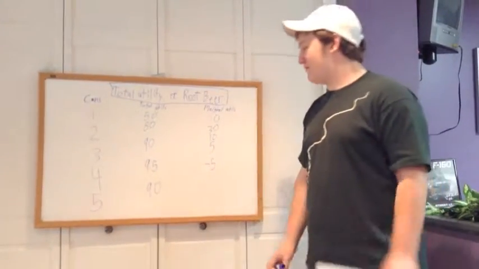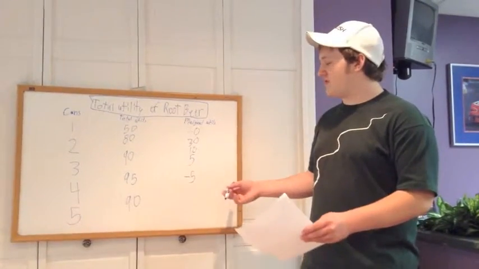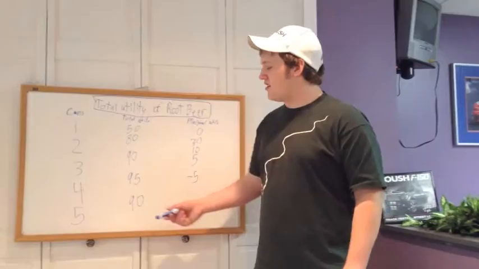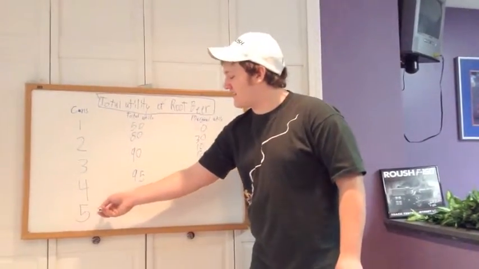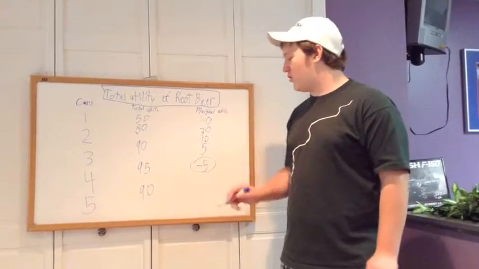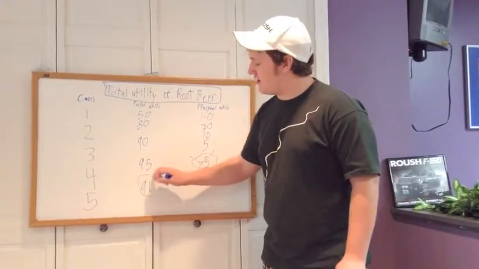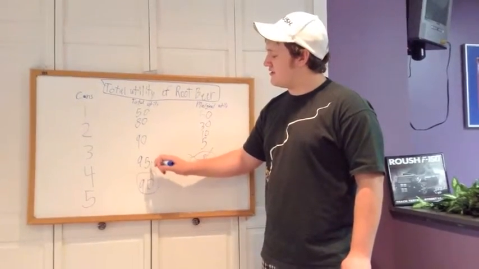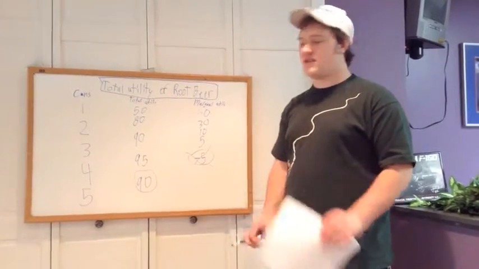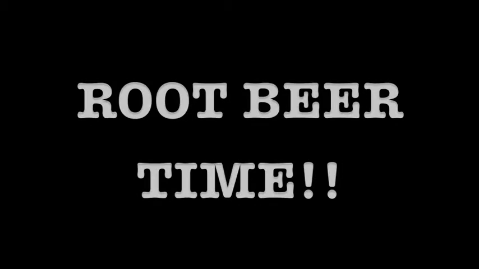So you must be puking or something. The main question with this graph and these tables is, should I have this last can, even though it gives me negative? And the answer is no. You do not want to ever have negative utility. Stop here. And when this is equal to the cost, that is your equilibrium utility.